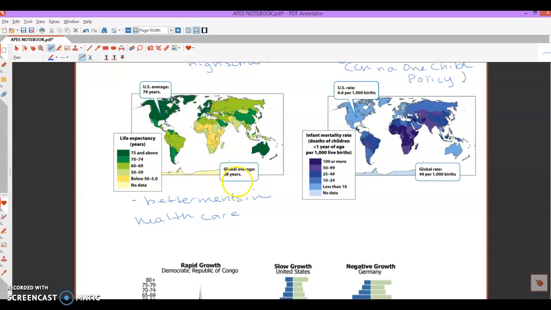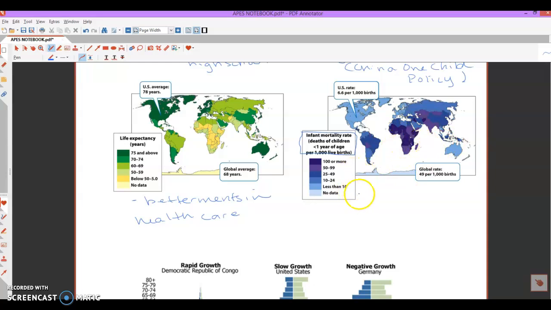Now, the other thing we look at is the infant mortality rate. This is for those less than the age of 1 year. So an infant is considered less than 1 year of age. The infant mortality rate is also higher in developing countries.